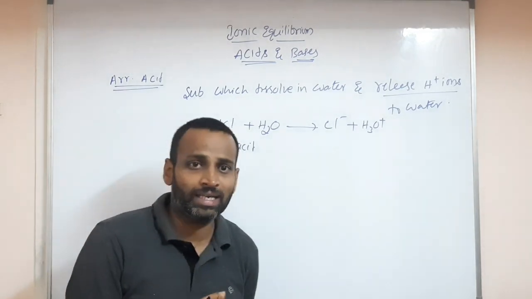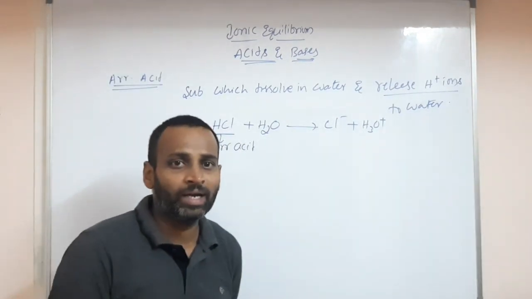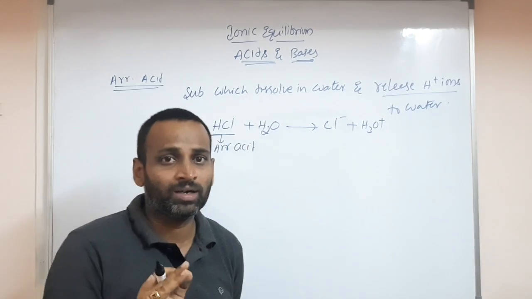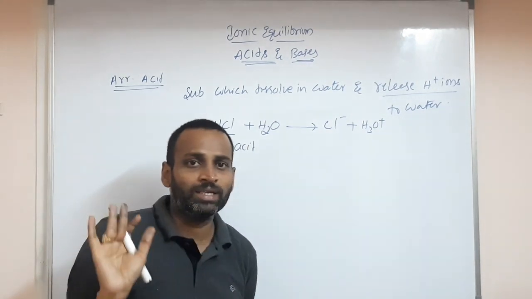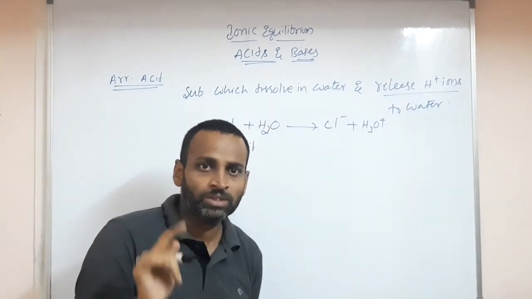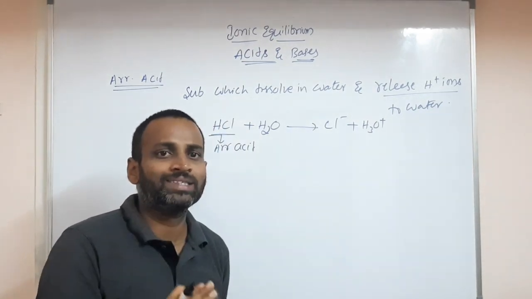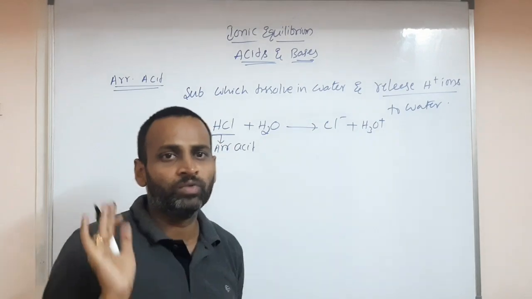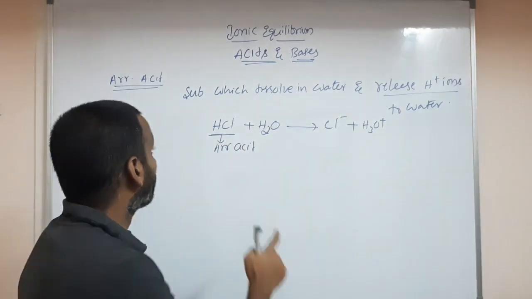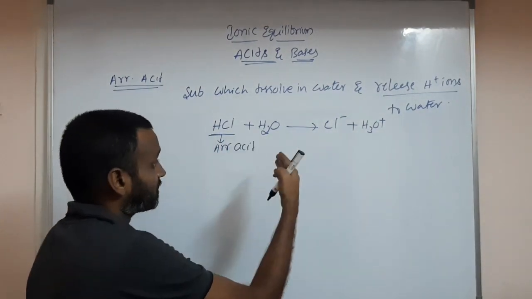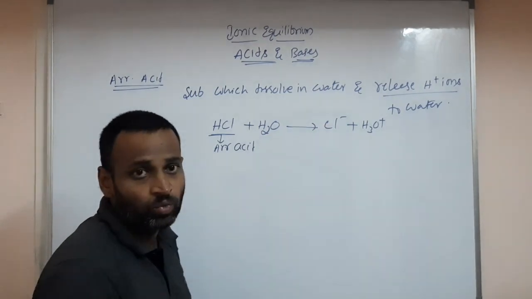So Arrhenius acid we cannot apply for the substances which are insoluble in water. Okay, so Arrhenius theory is restricted only to the acids or bases which dissolve in water. So according to Arrhenius, an acid is a substance which releases H plus ions to water, like that.